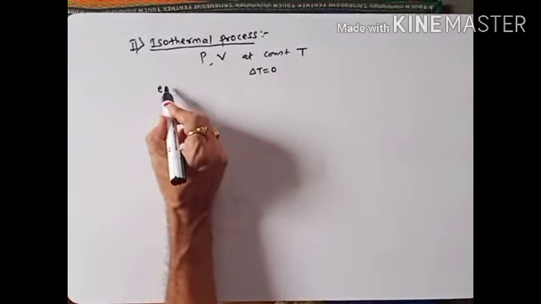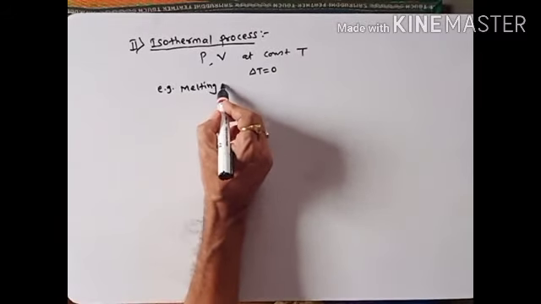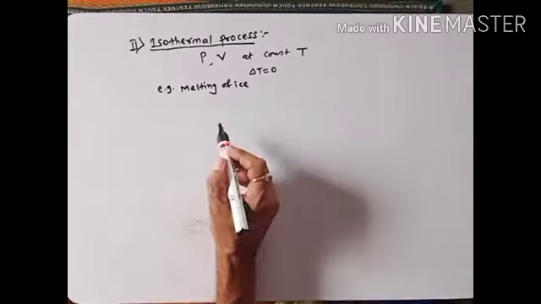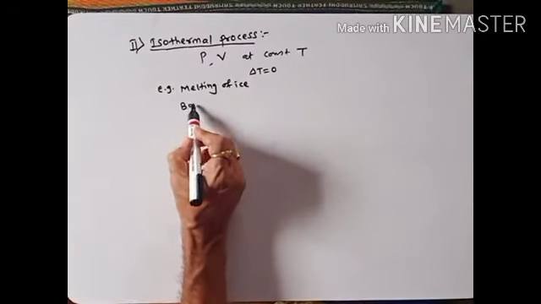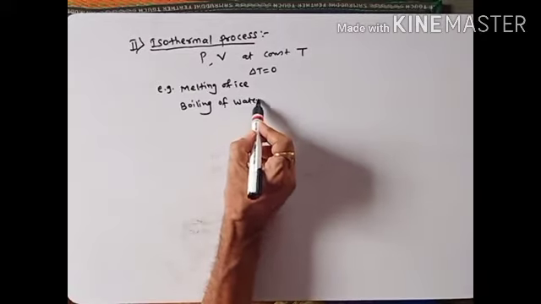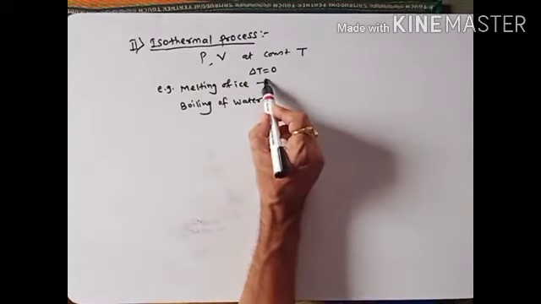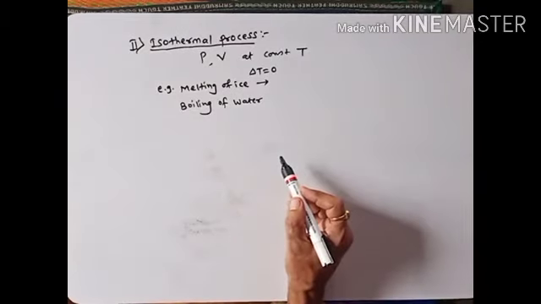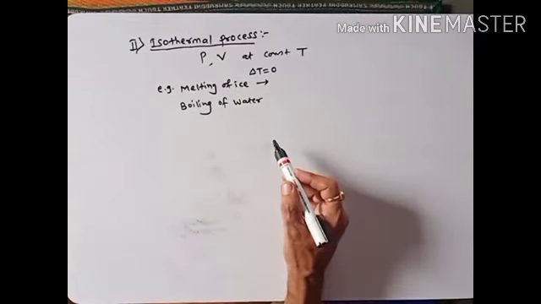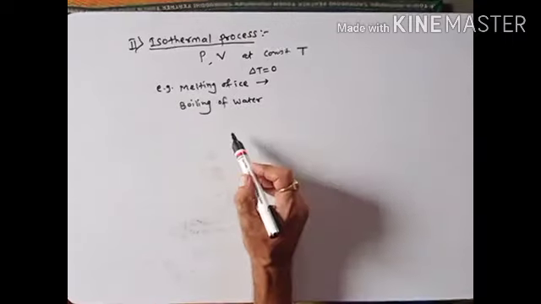For example, we consider here melting of ice, or boiling of water. Suppose melting of ice: until the ice completely melts, if we supply heat to the ice, its temperature remains constant.